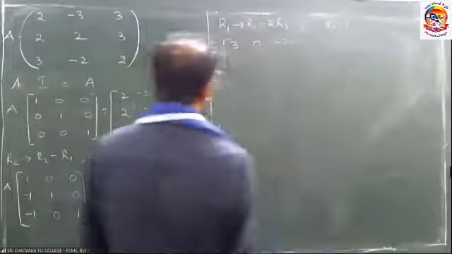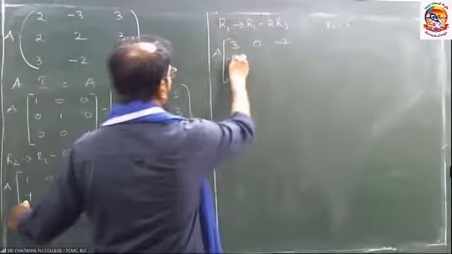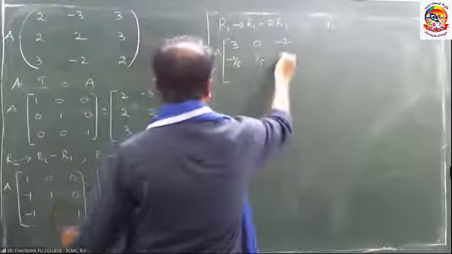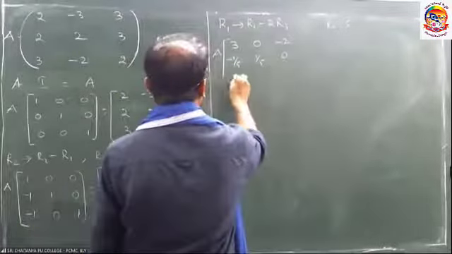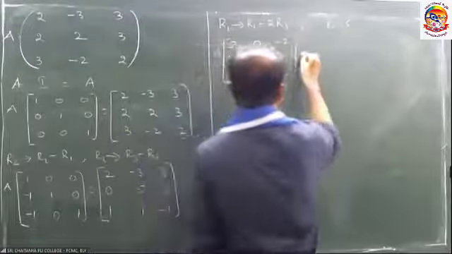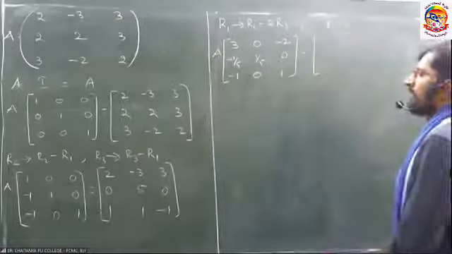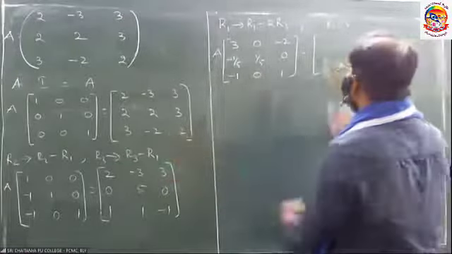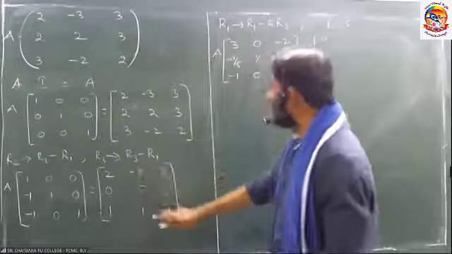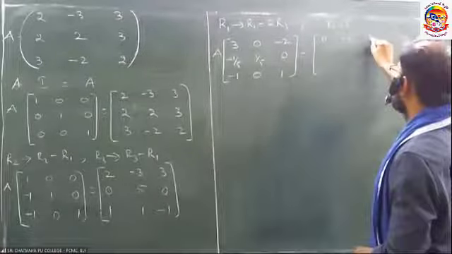Now R2 divided by 5 minus 1 by 5, 1 by 5 and 0, and here it is minus 1, 0, 1, which is equals to. Now 2 minus 2 is 0, minus 3 minus 2, it is minus 5, and this is 5.